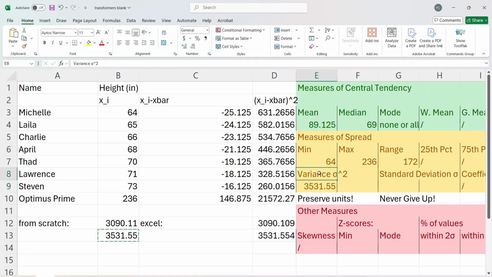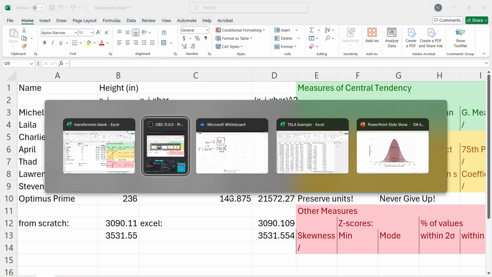Now, variance sigma squared. Sigma is what we would normally call the population variance. So I'm going to go ahead and say this is actually S squared that we're working with here. And the standard deviation that I'm going to talk about right now is not sigma, the population version. It's going to be S, the sample estimate. Okay, what is standard deviation?